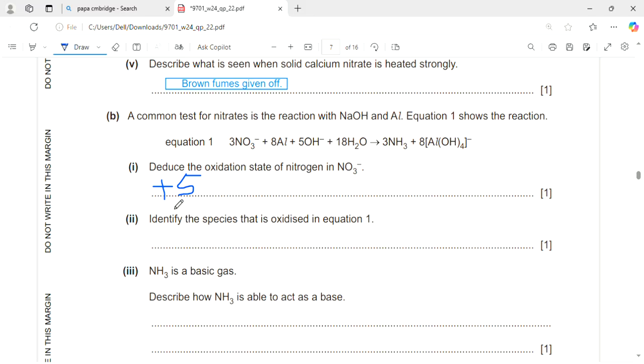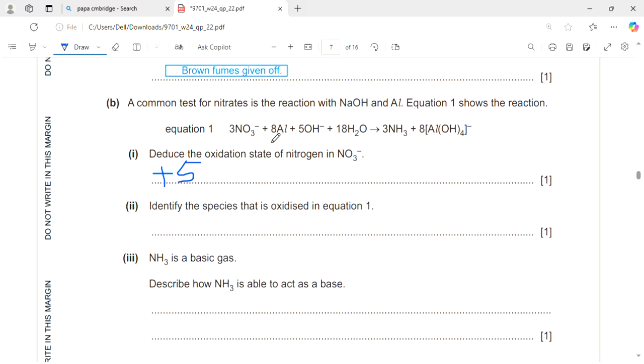So in this case, what is oxidized in equation 1?